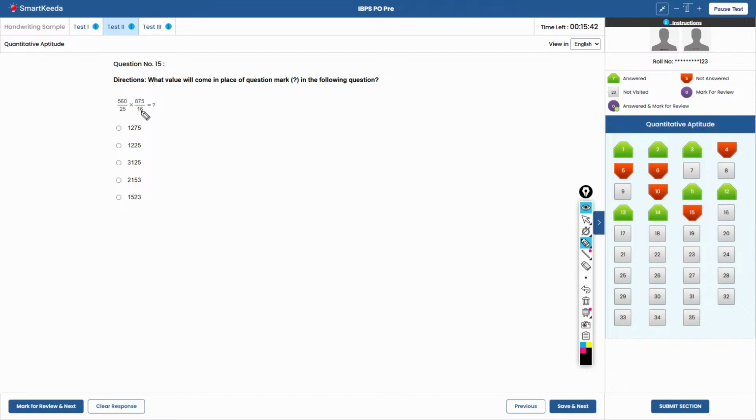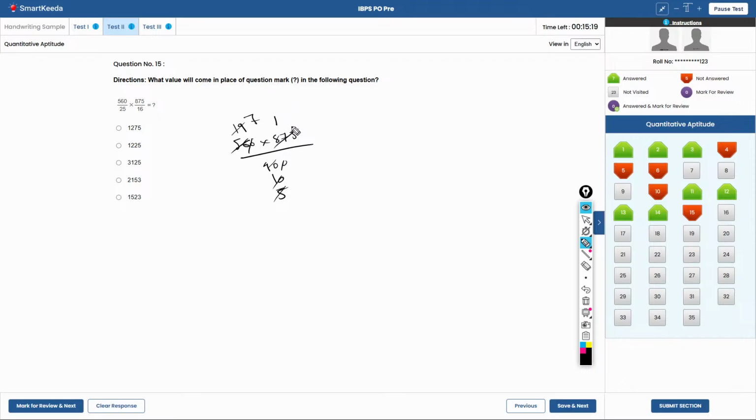This is 400. 560 into 875 by 400. So 10 goes here. And with 4, this is 10. With 4, this is 14. This is 7. This is 5. 5.